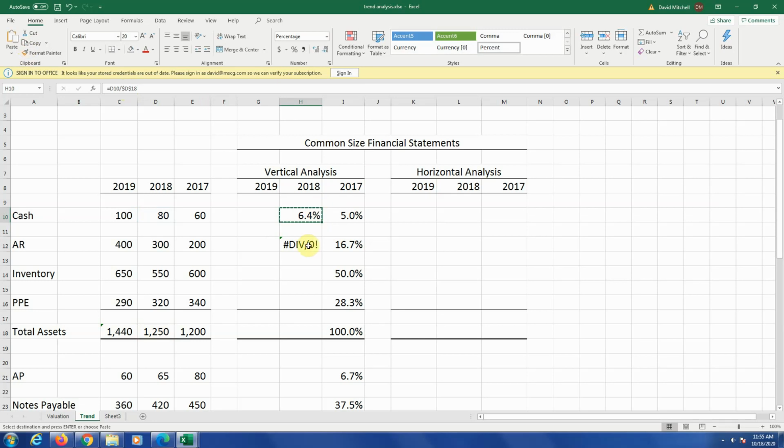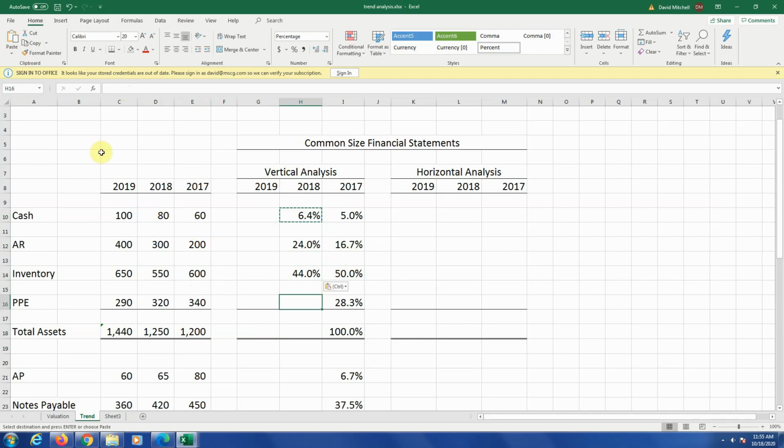Accounts receivable will also be a larger percentage of our total assets. Inventory we see went down in absolute numbers where our assets went up, so it's going to represent a smaller percentage of our total assets.